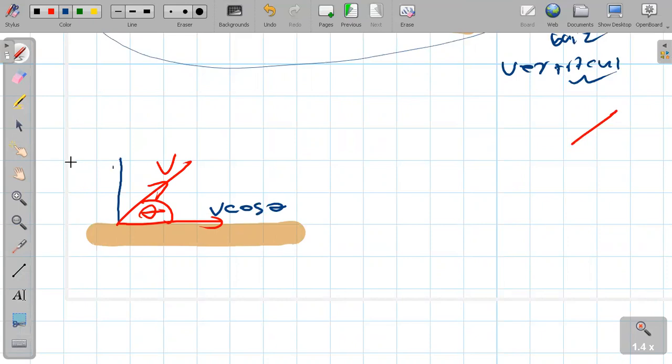And this part is what? v sin theta. v cos theta and v sin theta. So you already know, because this closed side is the cos component, it's going to be v cos theta, and the opposite side is the sin component. It reaches v sin theta.